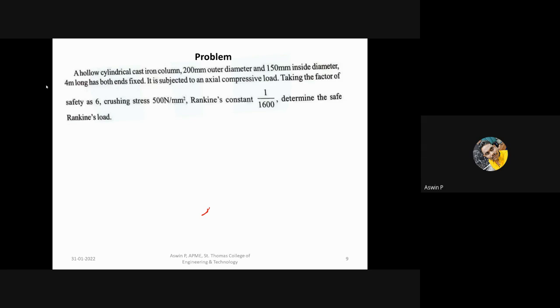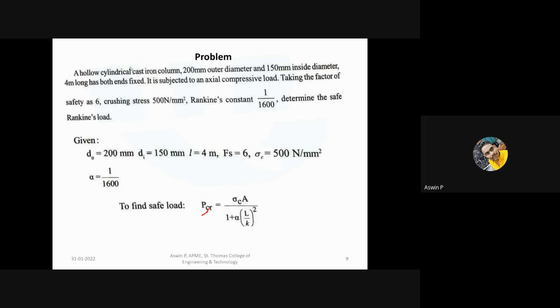If in a problem the values are not given and only the material cast iron is given, then you need to consider Rankine's constant as the value given in the last slide, and you have written it in your notebook also. That's the important thing. Then first of all, you need to write the given data. After writing the given data, you need to write Rankine's equation, that is Rankine's law.